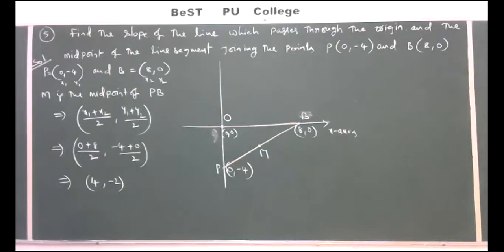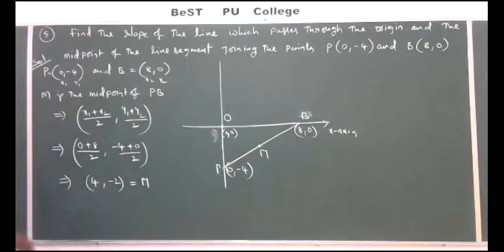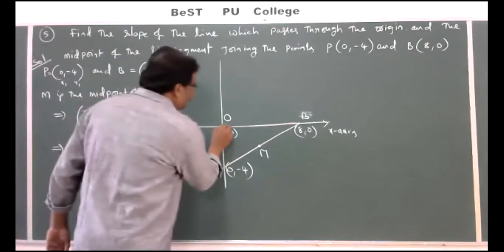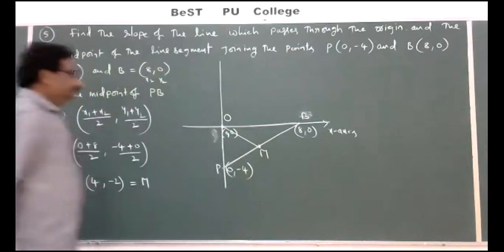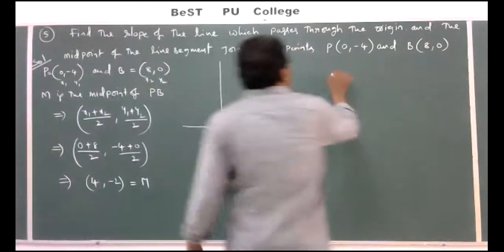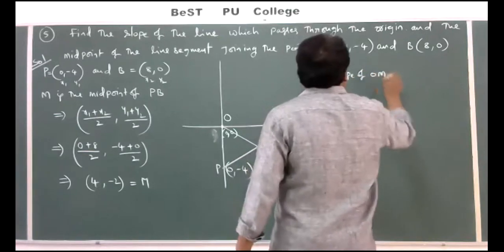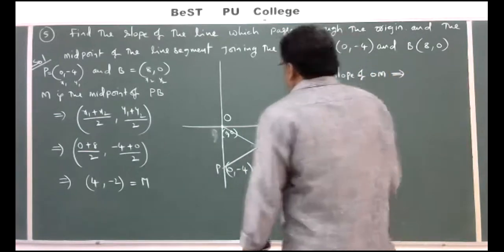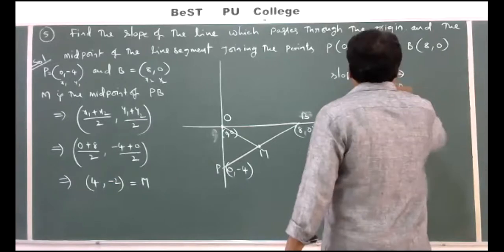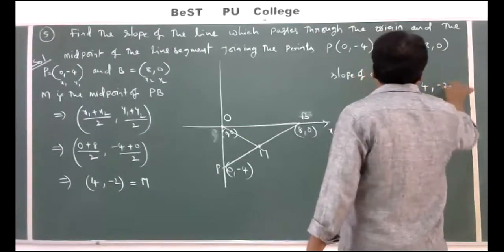So this is M. We require the slope of this line, OM. Slope of OM implies, here (0, 0) and M is what? (4, -2).